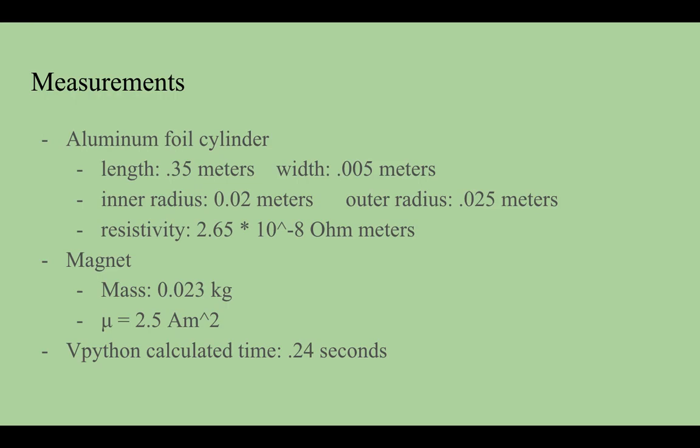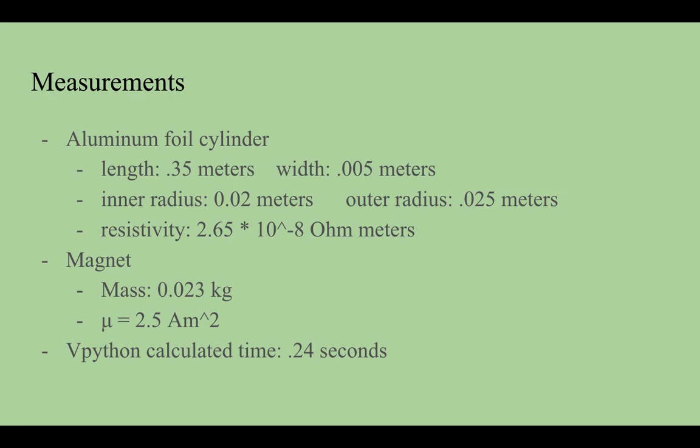The aluminum foil cylinder was 0.35 meters long, the width was 0.005 meters, the inner radius was 0.02 meters, and the outer radius, which is the width plus inner radius, is 0.025 meters. The resistivity of aluminum foil is 2.65 times 10 to the negative 8th ohm meters.